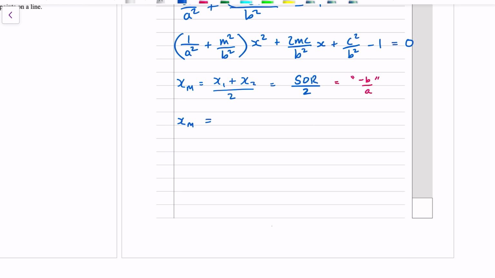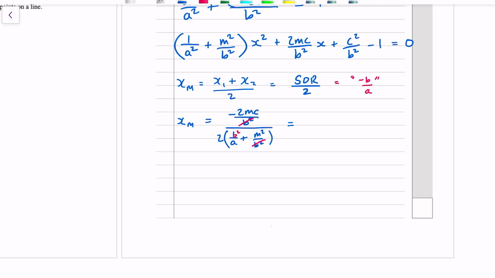So it's minus 2mc over b squared, all divided by 1 over a squared plus m squared over b squared. To tidy this up a bit, there's also a 2 in there, it's half of that. I'm going to times top and bottom by b squared. That'll get rid of the b squared there and there, and get me a b squared on that.